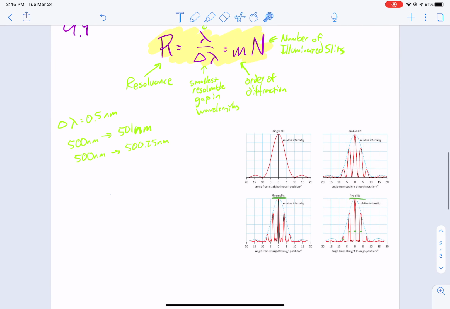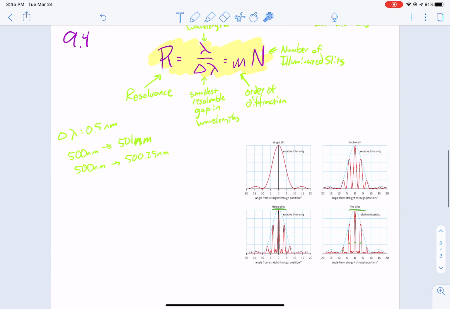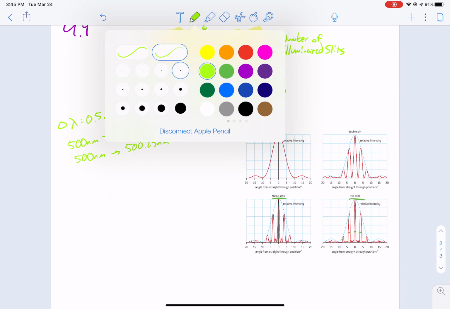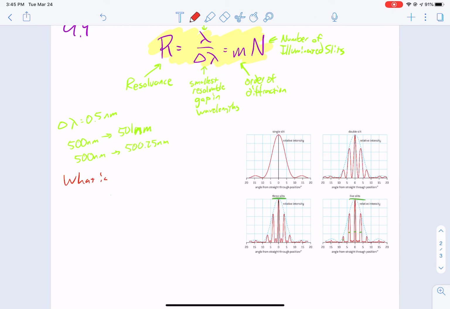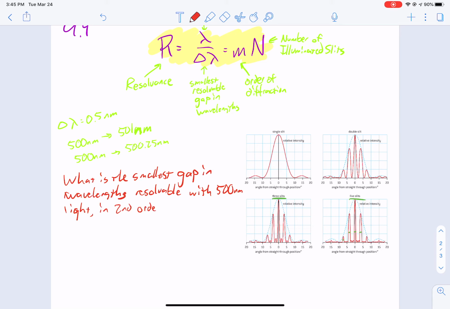Right? So, we could look at an example type of problem. We could say, for example, what is the smallest gap in wavelengths resolvable with 500 nanometer light in second order with a 1,000 lines per millimeter grating?